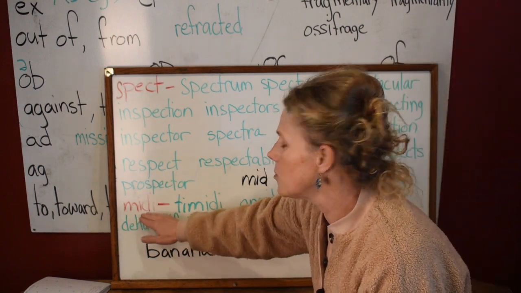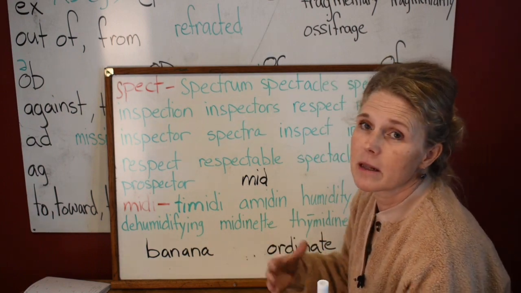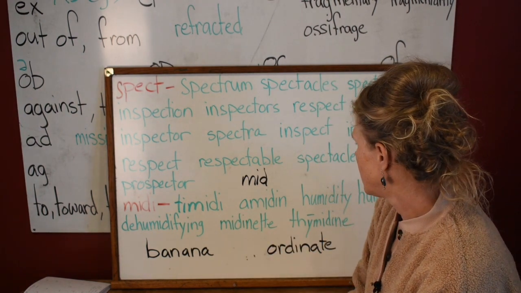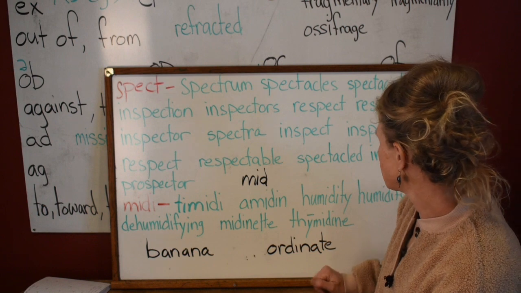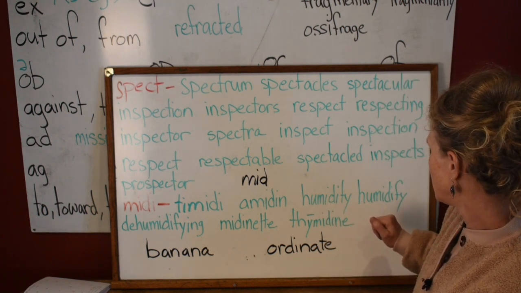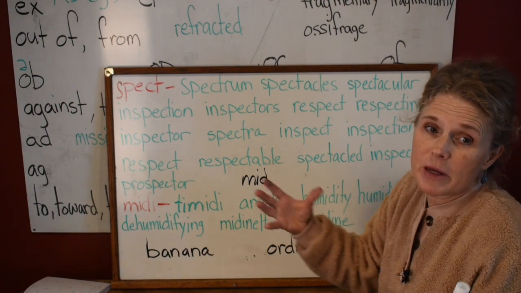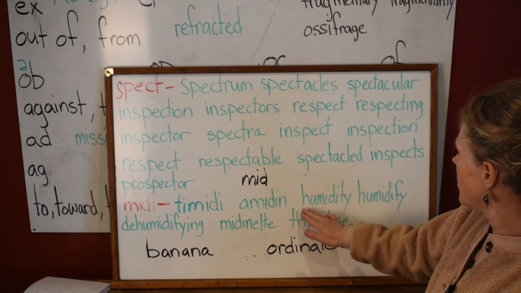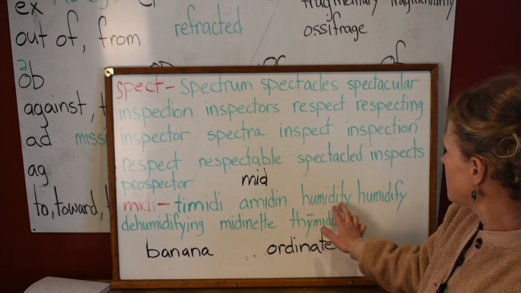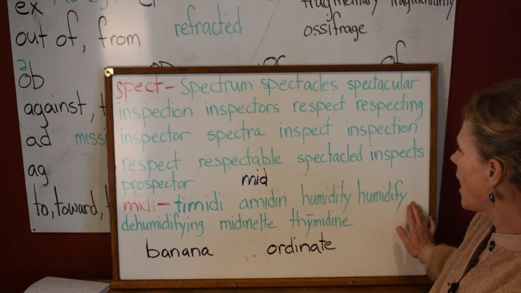So that might help you with midi, a timid person. It's in the middle of being shy. A midden, humidity. Okay? It's in the middle of being in the air. Humidify.